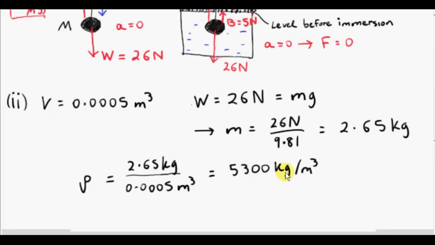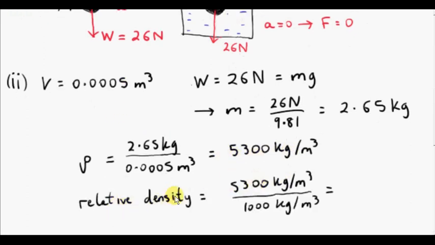So, on average, each meter cubed of the metal has a mass of 5,300 kilograms. If the density is uniform, every meter cubed has exactly 5,300 kilograms. If the density is not uniform, well, this is just an average for each kilogram.